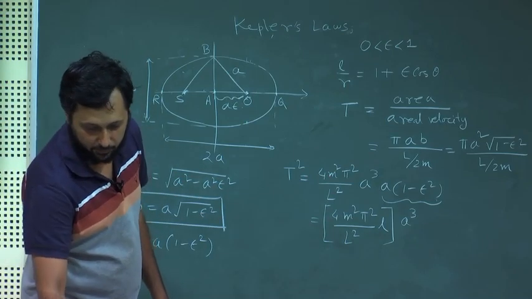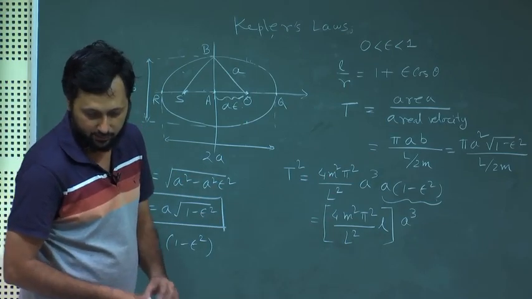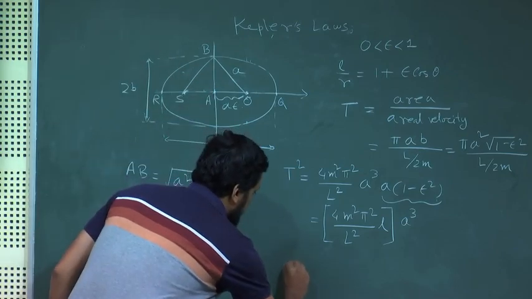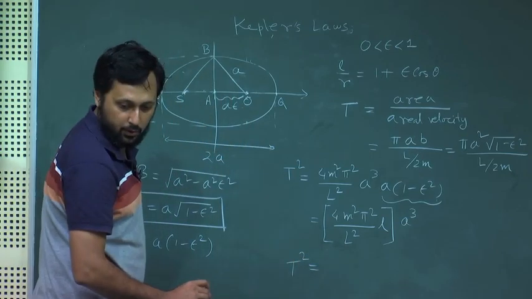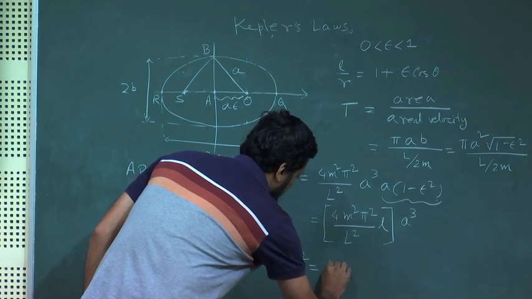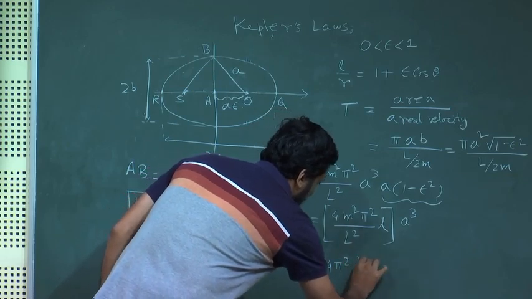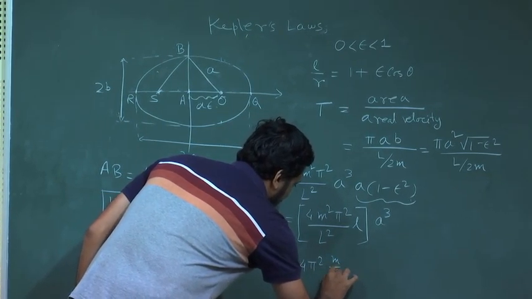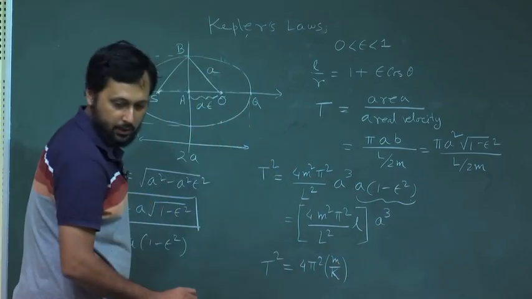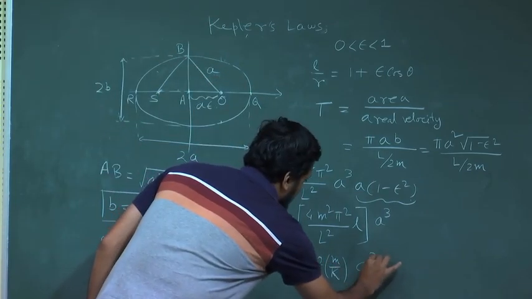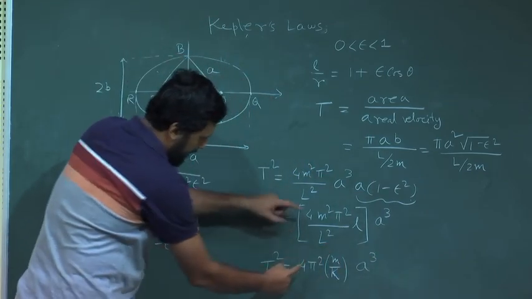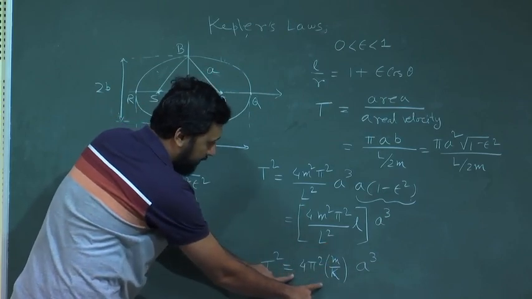The final expression we get is essentially T square is equal to 4 pi square m by k, times A cubed. So, the term in the bracket can be simplified to this.